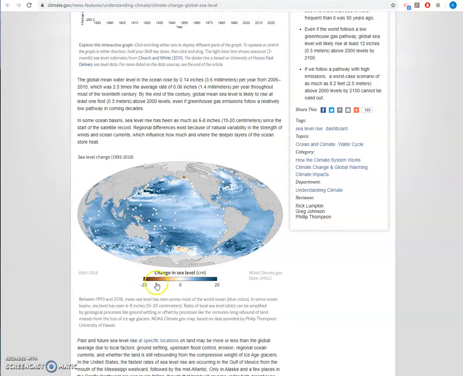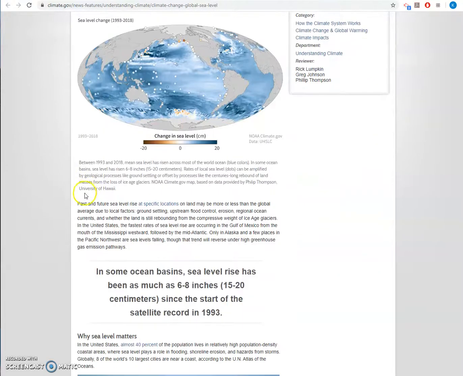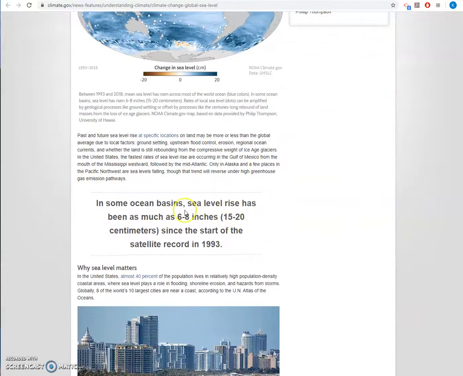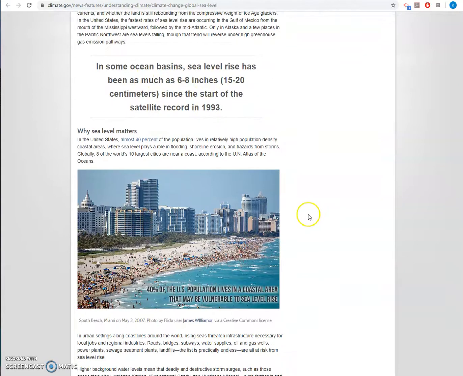You can see changes drastically lower in some places, but usually it's much higher. This overall ocean picture here that's colored in is from a satellite image as well. Okay, so in some ocean basins, sea level has risen as much as 6 to 8 inches since 1993, which is pretty insane.